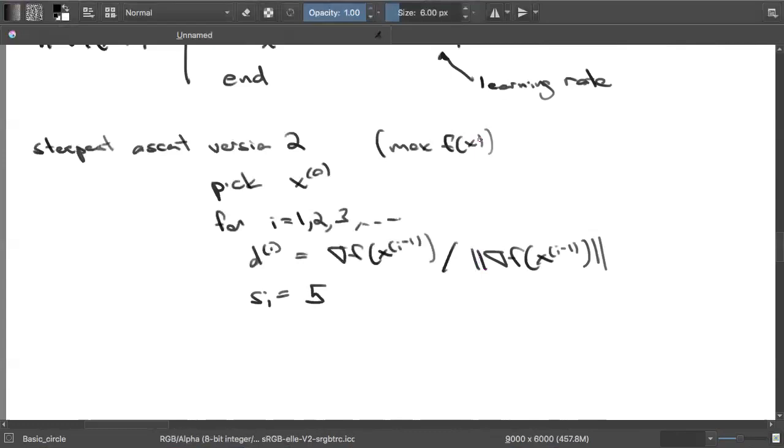So the gradient is here. If I give you 2 x points, x and x tilde, and I ask you to tell me which one is better if I want to maximize f of x, what would you do?